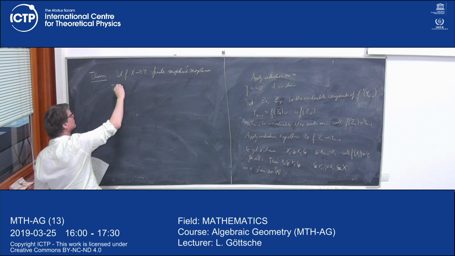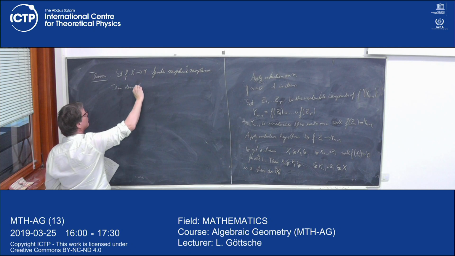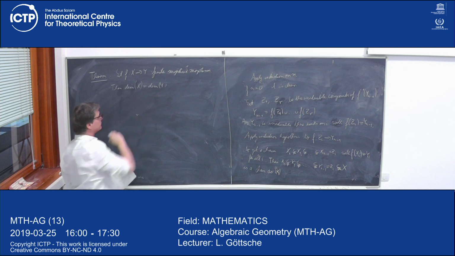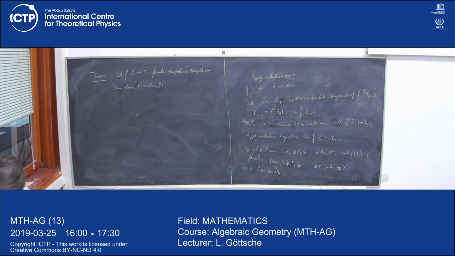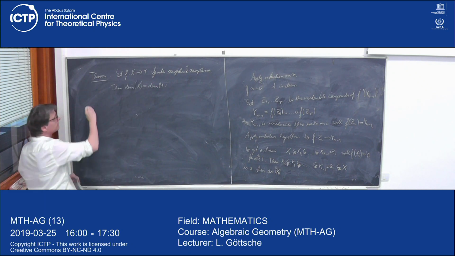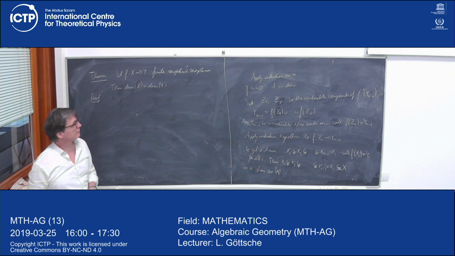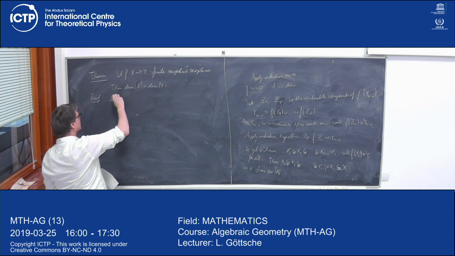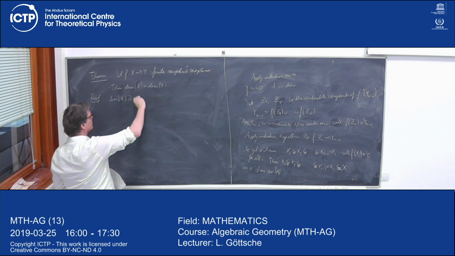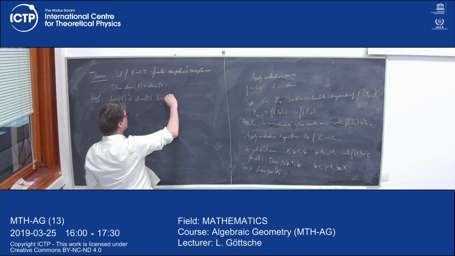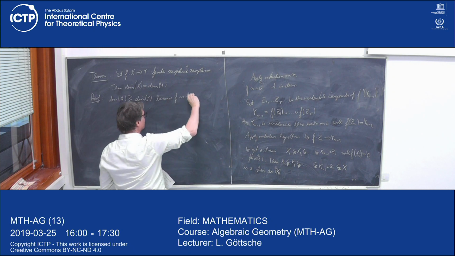Then the dimension of X is equal to the dimension of Y. To prove this, we've just shown that if we have a finite and closed morphism, then the dimension of X is bigger or equal to that of Y. So the dimension of X is bigger or equal to the dimension of Y, because f is finite and closed.